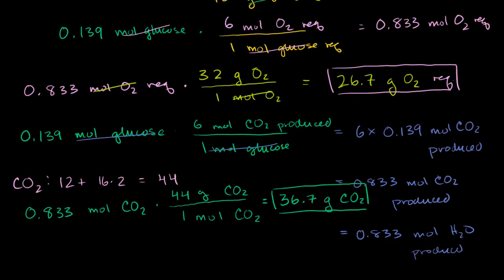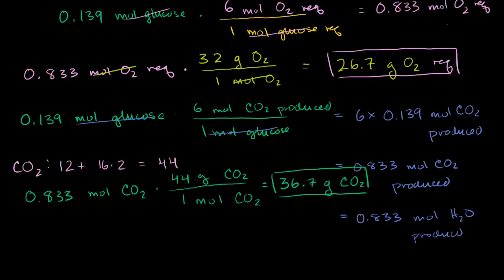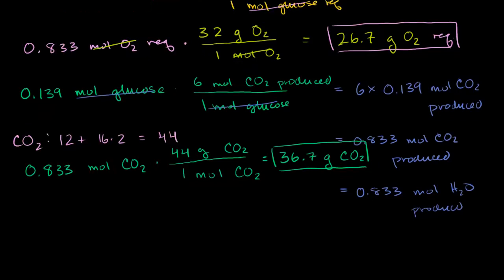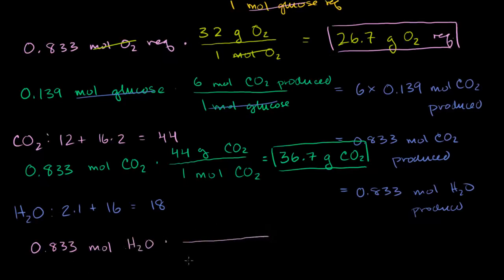We just have to figure out how many grams of water are going to be produced. We know it's the same number of moles, but how many grams is that? So water's atomic weight is going to be 2 times 1, right? Because we have 2 hydrogens, plus 16, which is equal to 18. So if we're producing 0.833 moles of water, we just multiply that times how many grams per mole of water.